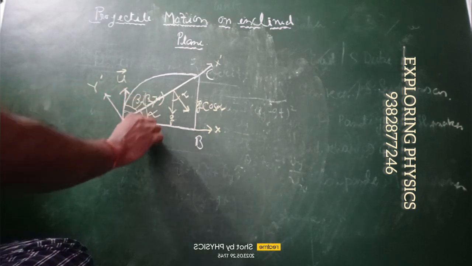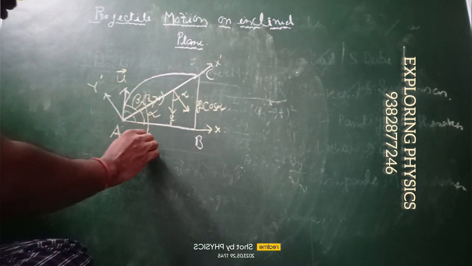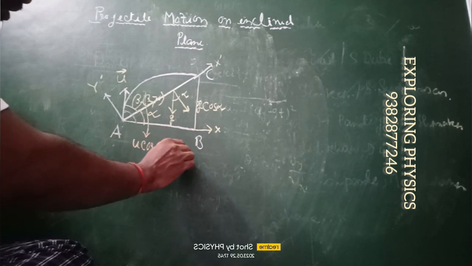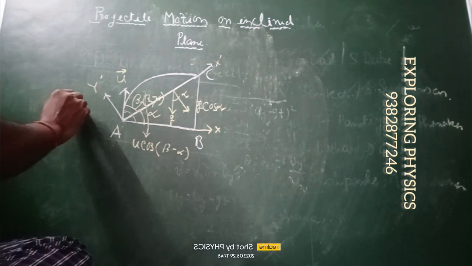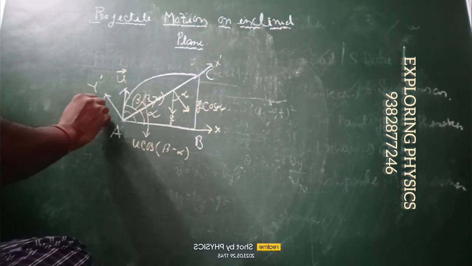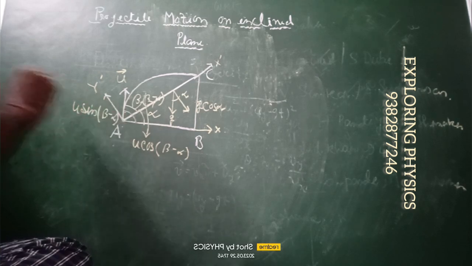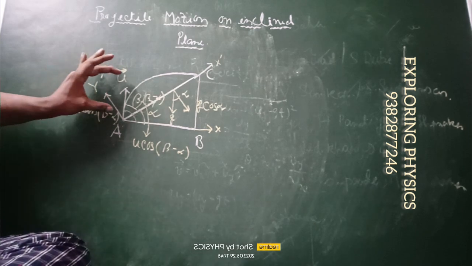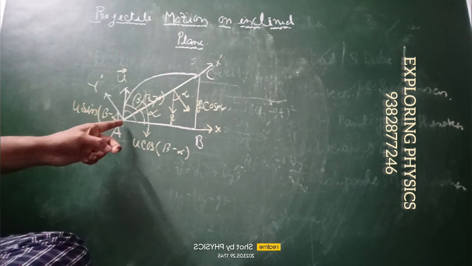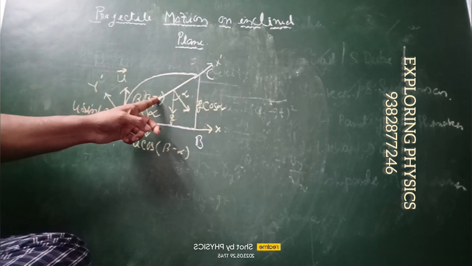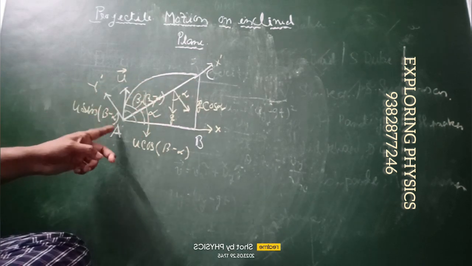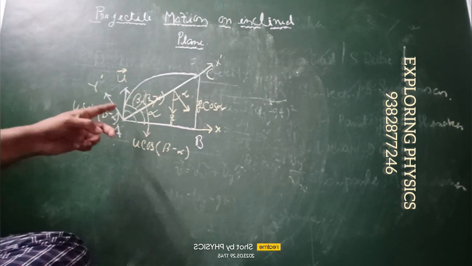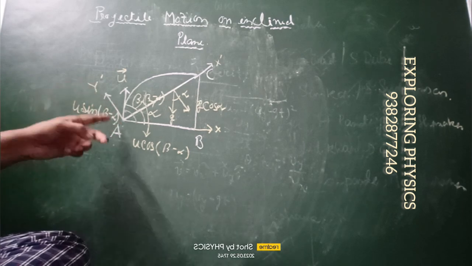We have u cos of beta minus alpha, and u sine of beta minus alpha. u is the velocity and the angle it makes with AC is beta minus alpha, so the component along AC is u cos of beta minus alpha, and along AY dashed is u sine of beta minus alpha.